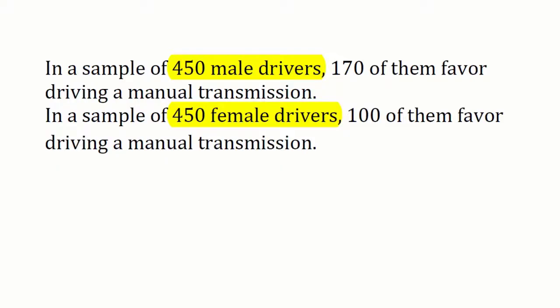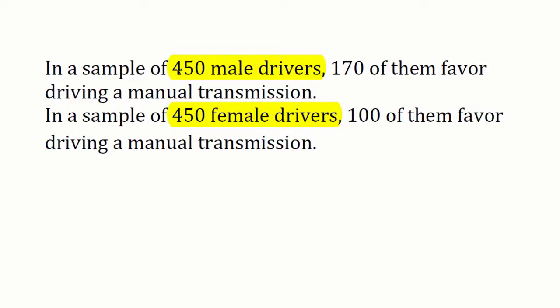All right, now we are ready to dive into further details as we keep breaking down our description of the two samples here on the computer screen. So let's specifically look at the sample from the male drivers population. This is a sample that's clearly from population 1 in our new language, where we call the male drivers population population 1. So this sample comes out of population 1.